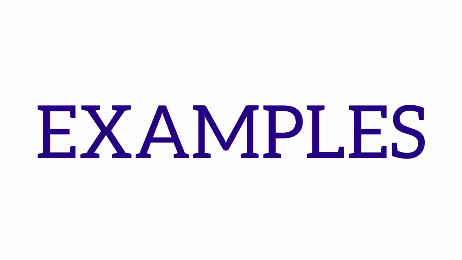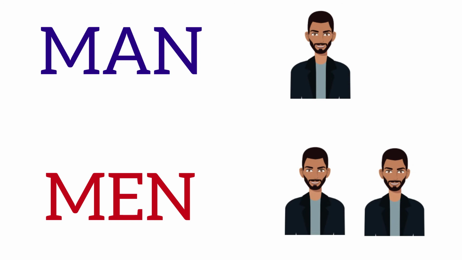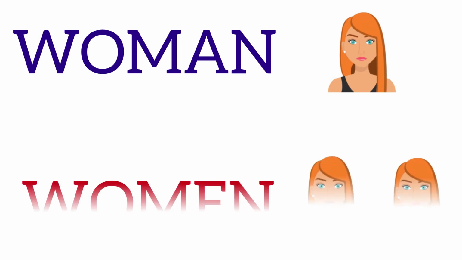There are a number of words that don't follow these rules. They are irregular and you need to learn them individually because they don't normally have an s on the end. Here are some examples for you. Man, men. Woman, women.